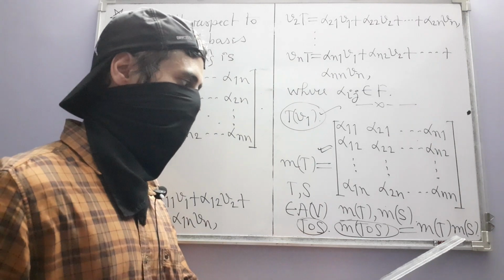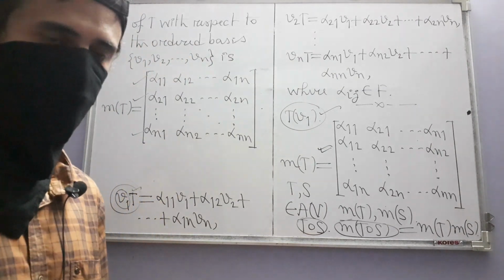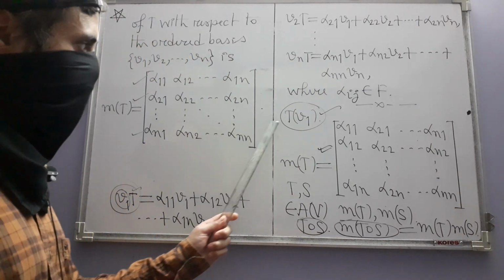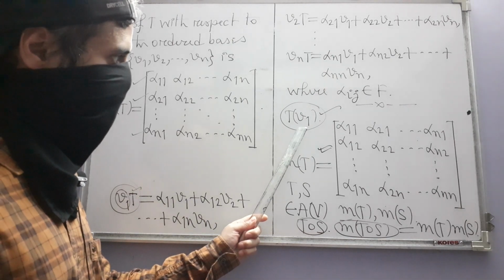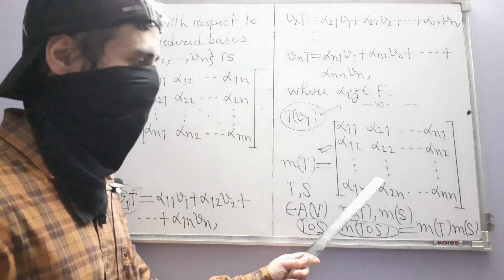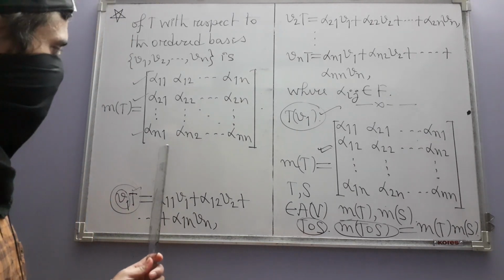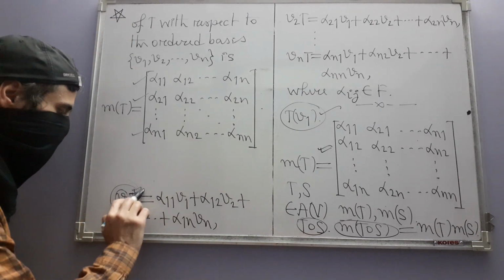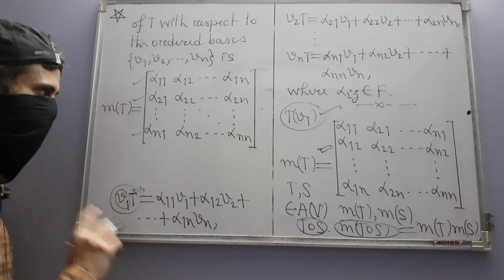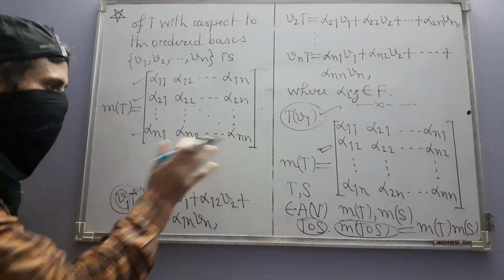And this relation is true only when, if we write our functional notation like this, then the associated matrix is this. Then only this relation is true. But for us, we are writing functions after writing arguments. For us, the matrix appears simply like this.